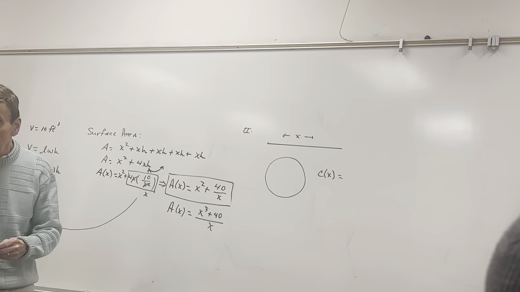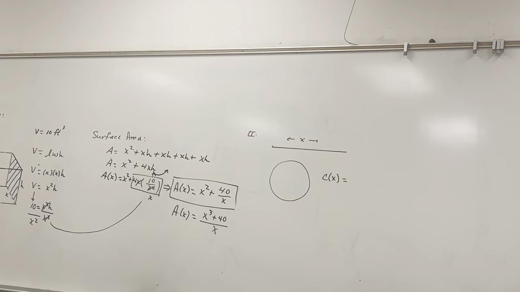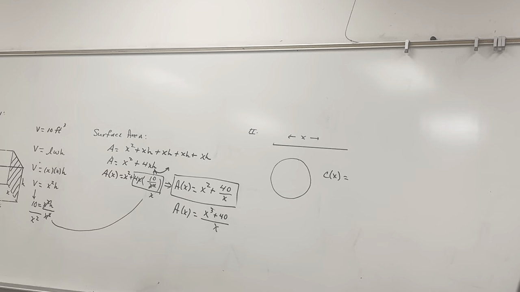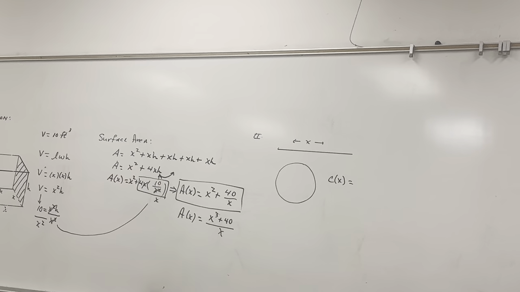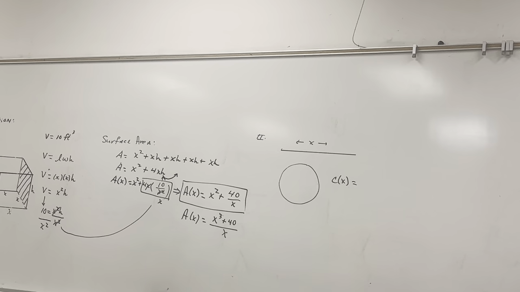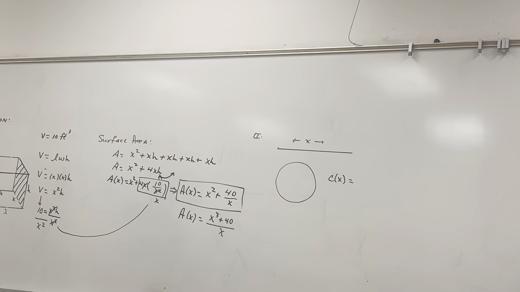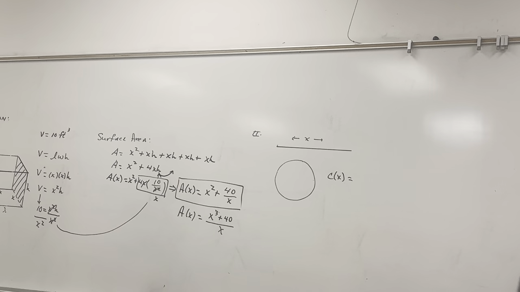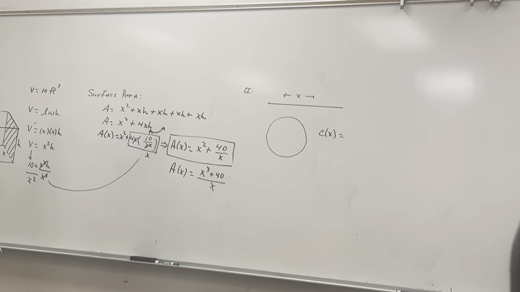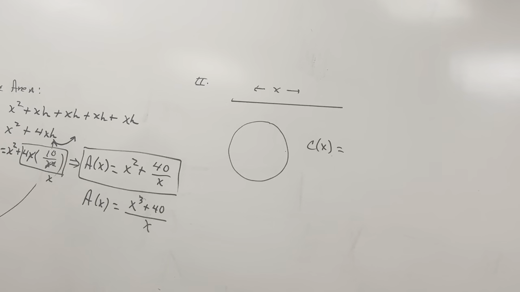Now, does anyone recall what that term meant back wherever, circumference? Absolutely, like perimeter. So that wire has been bent into the shape of this circle. They're asking for the perimeter, the outside there. That's called the circumference. They're saying, can you express the circumference in terms of x here?